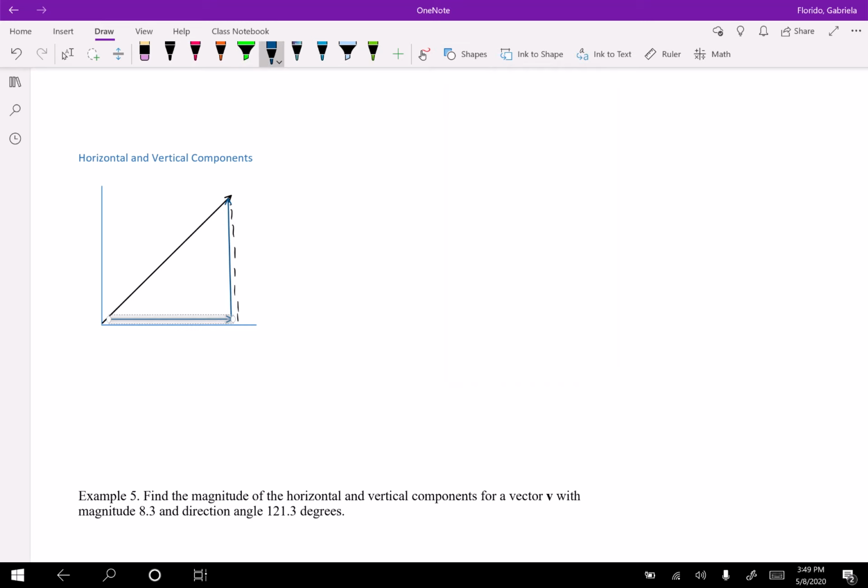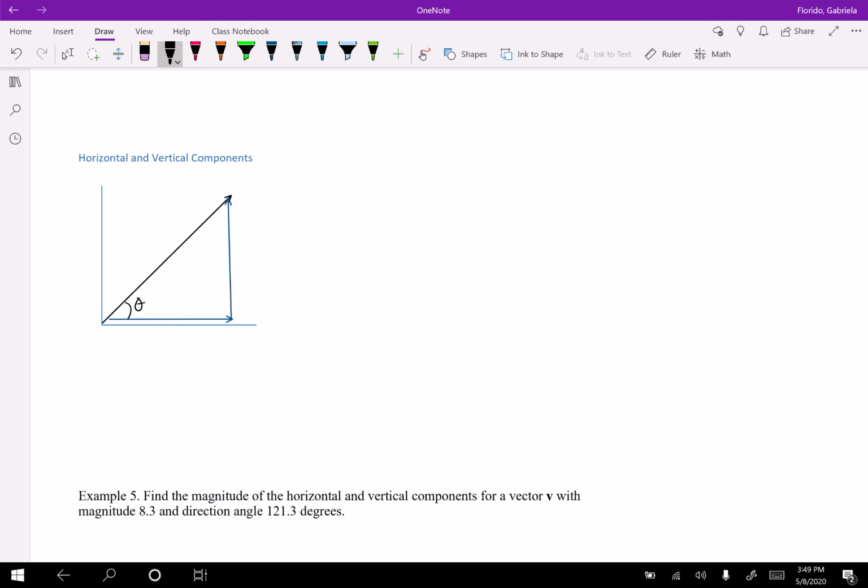I know it looks a little terrible, but it looks a lot better than me trying to draw those curves. So what we're going to do is figure out how we find the magnitude of these horizontal and vertical components.